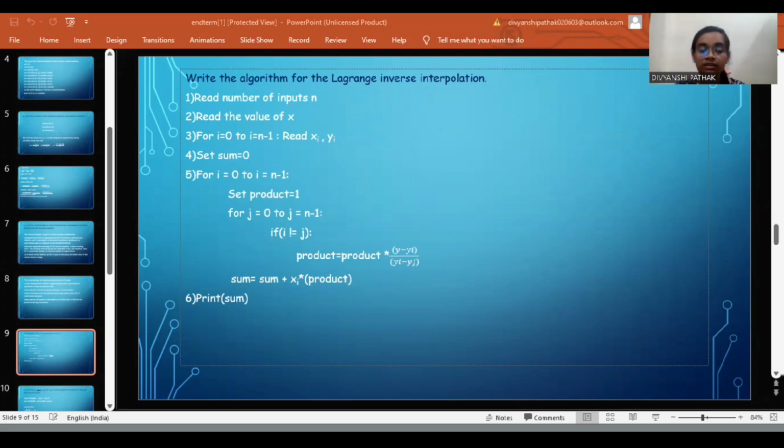If this condition is true, then the value of product will be updated by product into y minus y of i upon y of i minus y of j. Now, after the inner loop ends, the sum is updated to sum equals sum plus x of i into product. And at the last step, the value of sum will be printed. So this was the algorithm for Lagrange inverse interpolation.